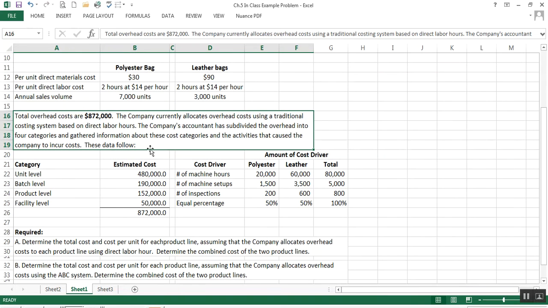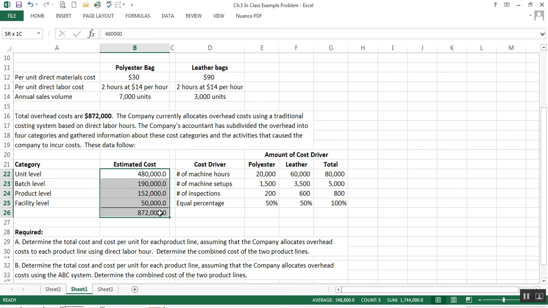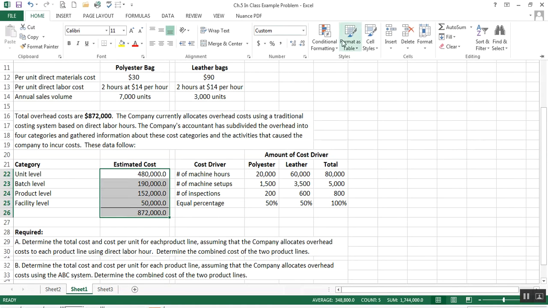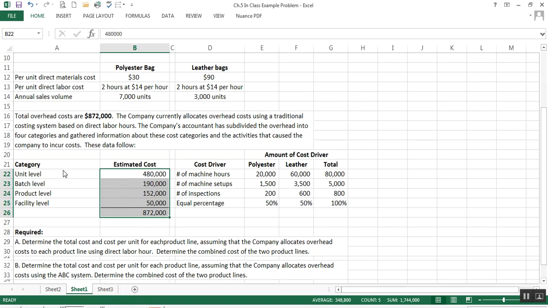Okay. So now the company is going to look at how overhead is currently allocated using the traditional method, which is what we just did. The company's accountant has subdivided the overhead into 4 categories and gathered information about these cost categories and the activities that cause the company to incur costs. So here we're looking at the $872,000 in overhead, and what they've done is they've broken it out into unit level, batch level, product level, and facility level.